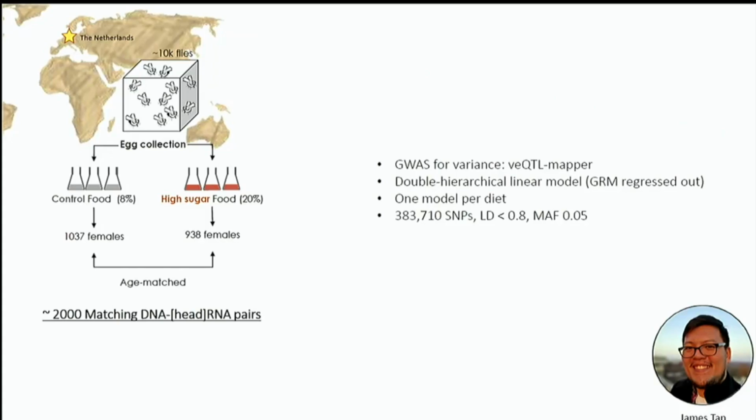I mean, you can if you have one trait. If you have 10,000, it will take you your life. So we use an approximation where we regressed out the effect of the genetic relationship matrix, so the relationship between our individuals, and then we run this model so it becomes more efficient. Unfortunately, this also doesn't allow us to run proper GxE models, which I'm very sad about. So you have to run them independently for each diet. And at the end, we are using common SNPs filtered by LD, and it's around 380,000 SNPs that we are working with.